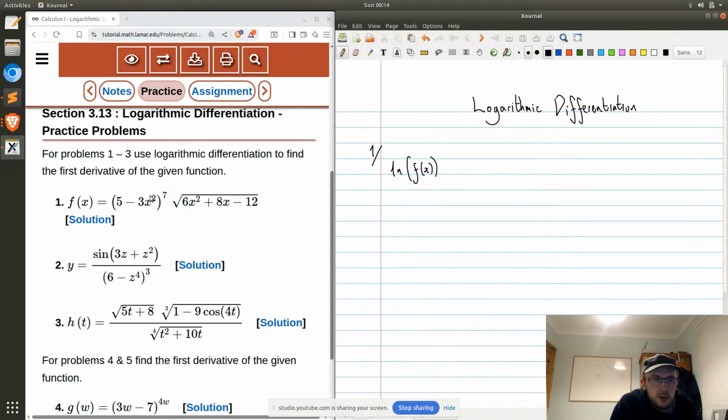I'm just going to try and do the laws of logs in my mind. So log of a product is a sum of logs. Log of a power is a multiple. So 7 ln of 5 take away 3x squared, plus all of that is to the half. So that'll come there.